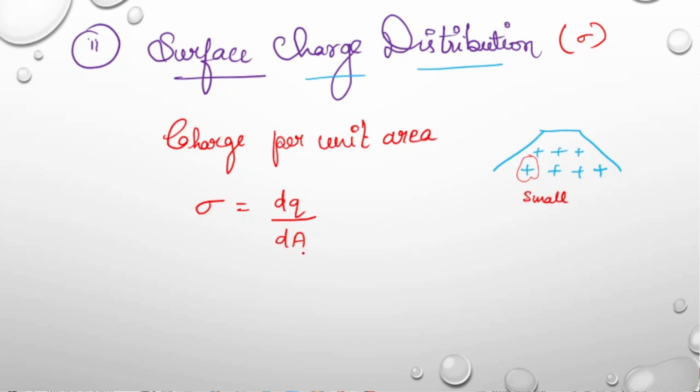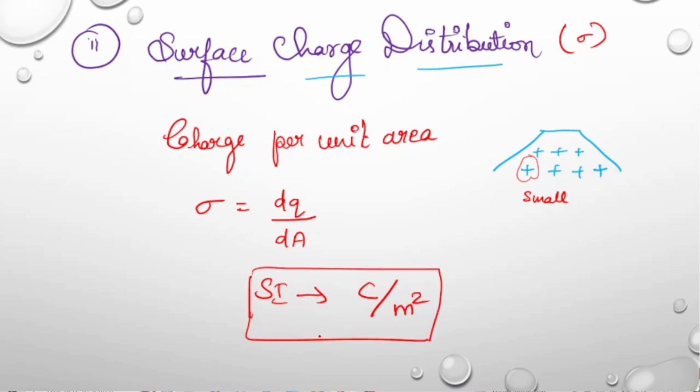Clear? Now the SI unit of it will be Coulomb per meter square. This is the SI unit of surface charge distribution. So surface charge distribution is charge per unit area.